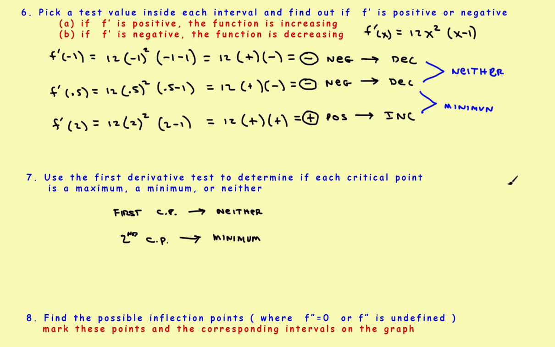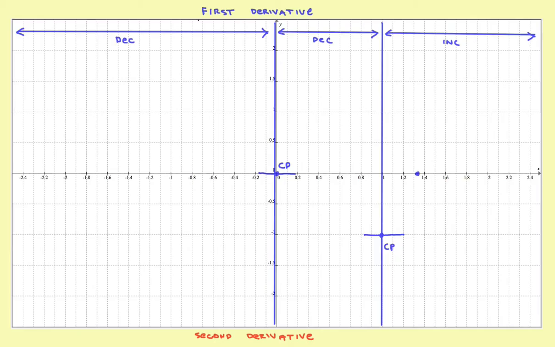And I would suggest write that information on your graph. So again, we'll go back to the graph, and every time you learn something, put it on the graph. So what you learned here is this first critical point was neither. It's not going to be a maximum or a minimum, so I'll write that right on the graph. I also know that this critical point turned out to be a minimum, so when I sketch my graph, I know I'm going to have a minimum right here.